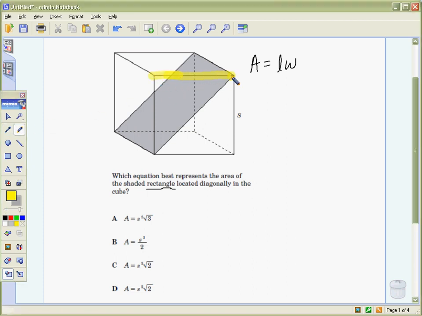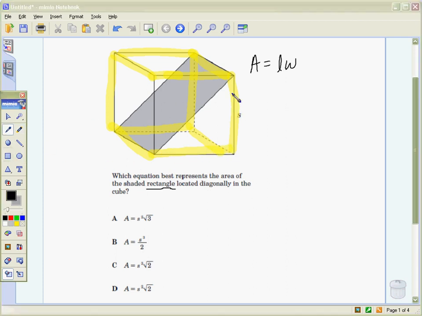That tells us that each edge of the cube is S, and so this up here is S as well, and that turns out to be the length of our rectangle. Now I need to find the width of my rectangle.